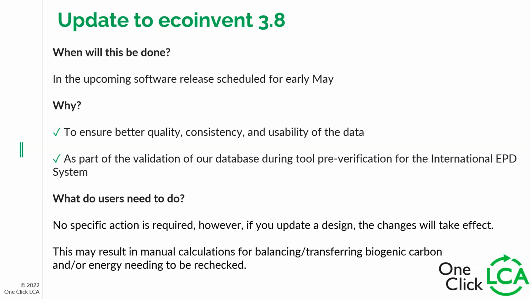But if you're using EcoInvent 3.8 data already, and you update a design after this change is in place, then the values for GWP bio and the energy as energy and as materials will update.